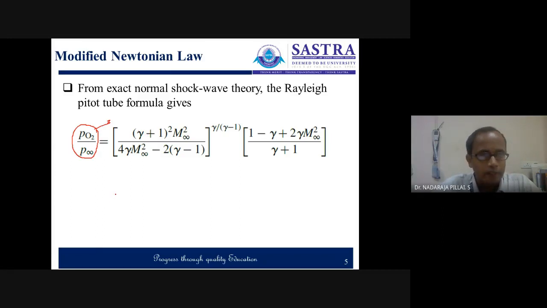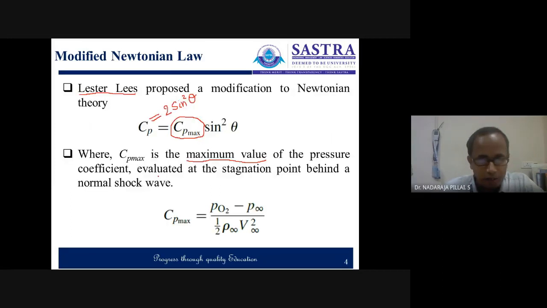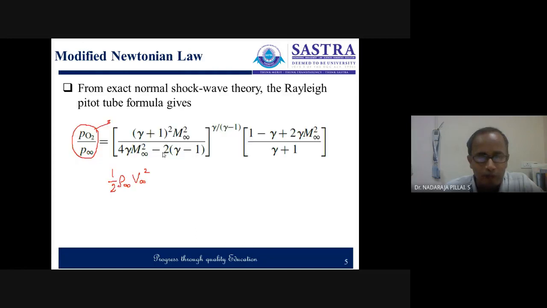Now, we can write half rho infinity V infinity square, because we already know P naught 2 by P infinity, hence we go to the next point here. This half rho infinity V infinity square can be written as gamma P infinity M infinity square by 2.